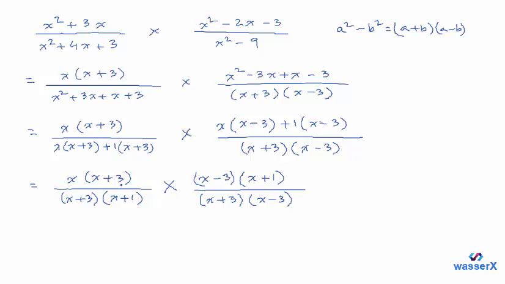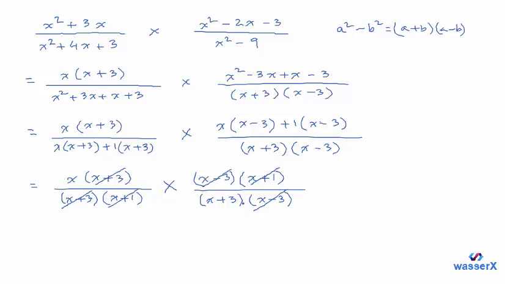Now if you look, all the expressions are completely factorized. It's time for us to cross off common factors. We see an x plus 3 here and another x plus 3 here, cross them off. We see an x plus 1 here, another x plus 1 over here, cross them off, and x minus 3 goes with x minus 3.